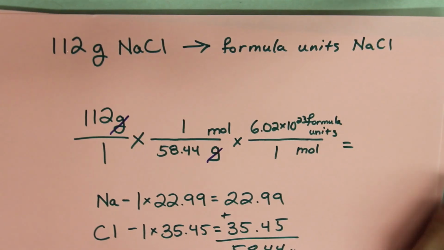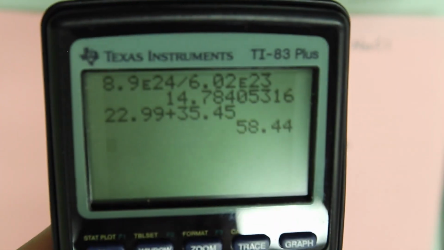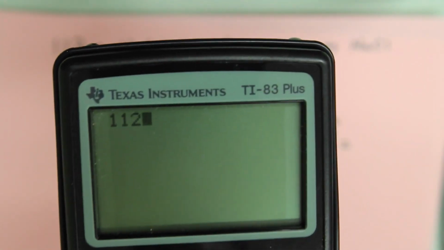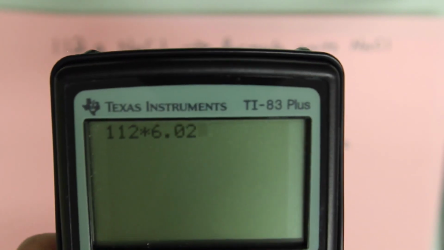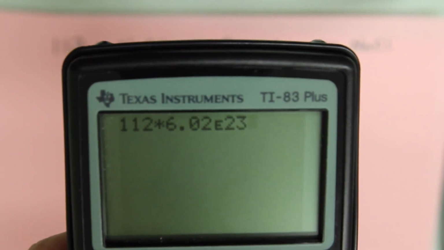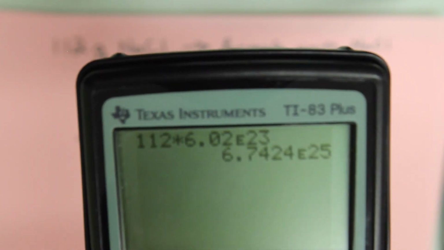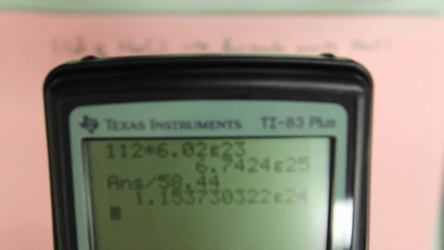All right, so let's go back to our calculator here. And we are going to do first 112 times 6.02, second, that comma above the 7, to the 23rd, and we get that, and then we have to divide that by our molar mass, since it was on the bottom, of 58.44.